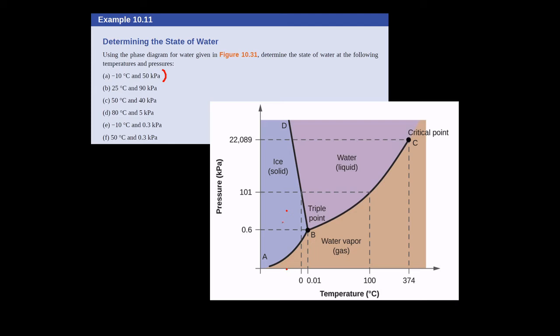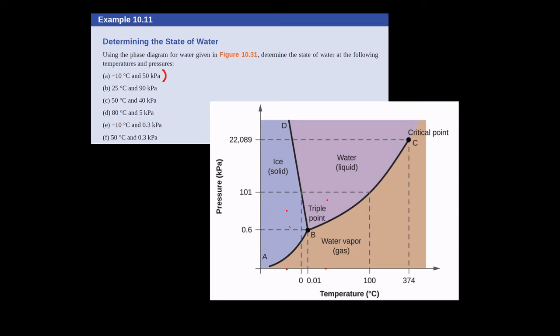So that would be a solid at that temperature and pressure. At 25 and 90, 25 would be something like right there maybe, 90 would be about right there, so liquid. And so you can work through the rest of these on your own if you would like. I don't think any of these are really tricky.